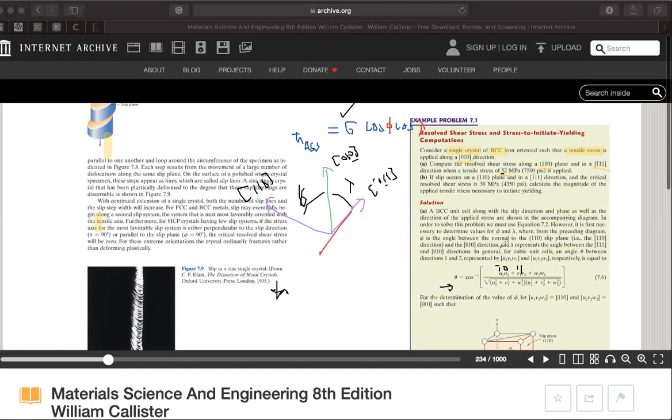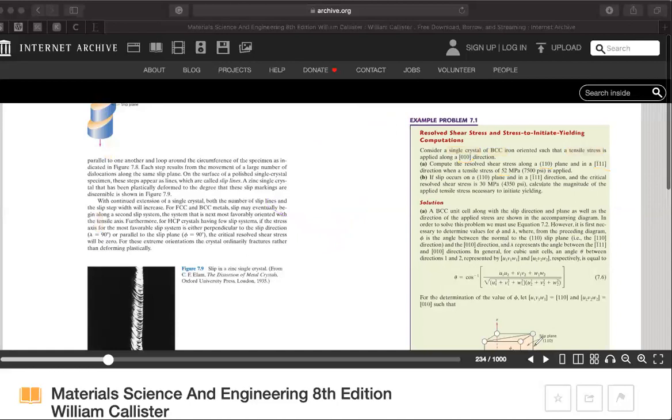That will allow you to calculate the angle. Similarly, between this and this, you can calculate the angle. I'll give you 3 minutes. Try to calculate lambda and phi.